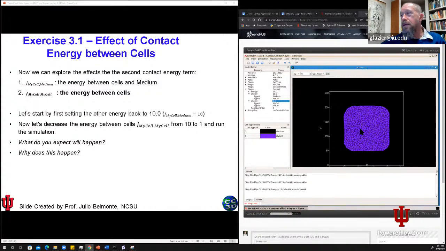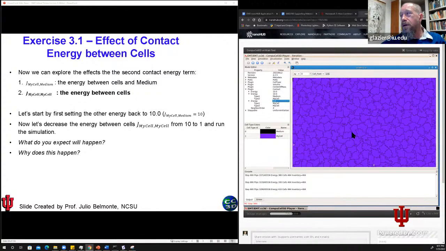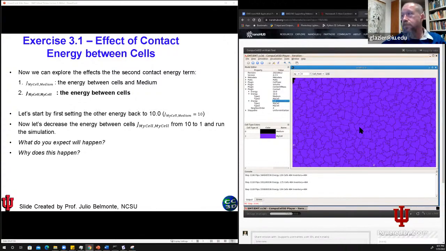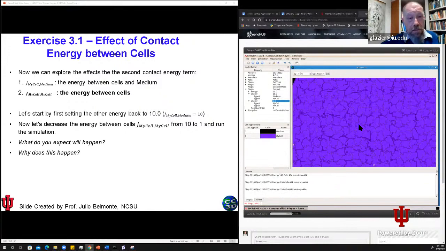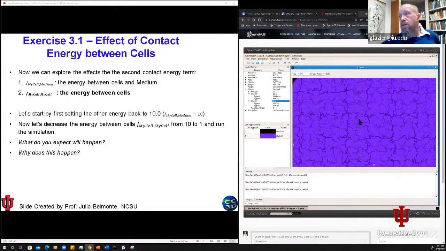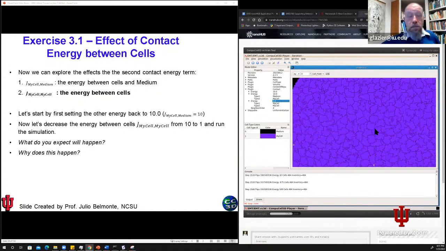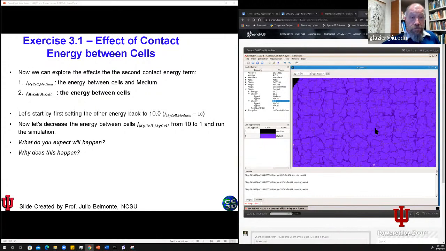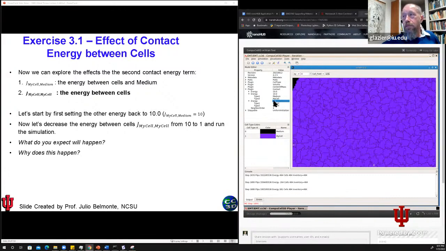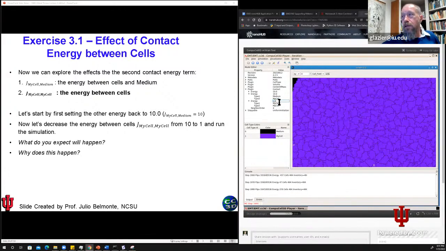The cells stay stuck together, but if I zoom in, their boundaries are getting quite rough. They haven't blown apart quite as much as they did with that other example that I showed. But you can see the cells are fluctuating a lot more. And I could, in principle, make this number even smaller.